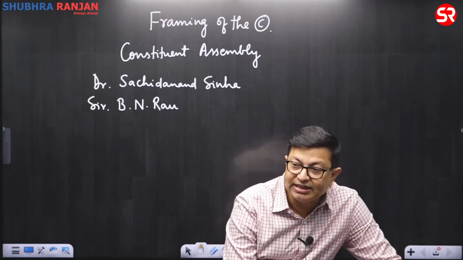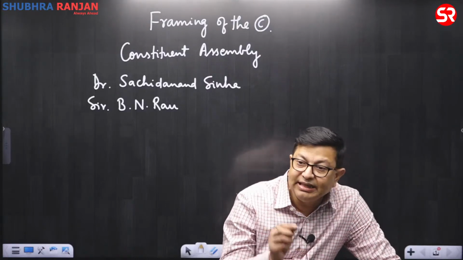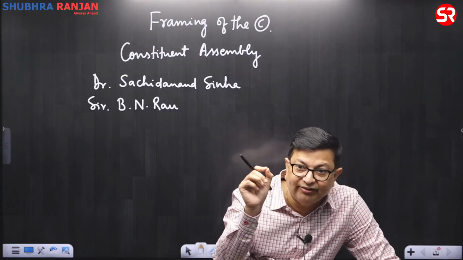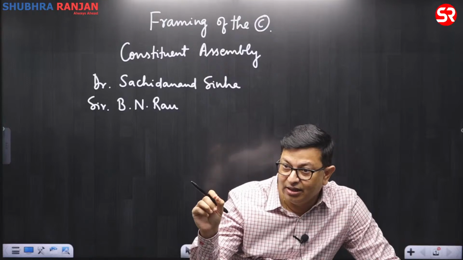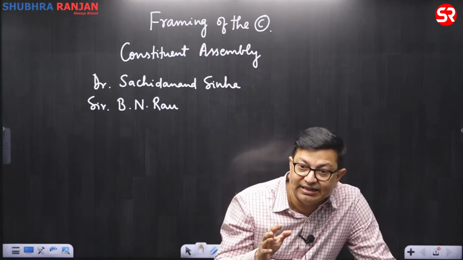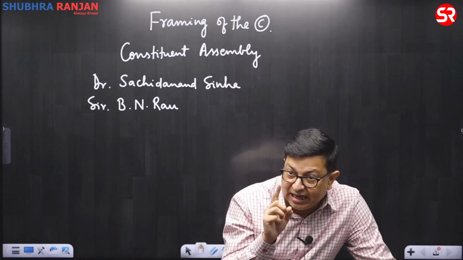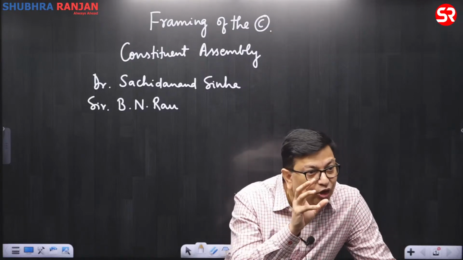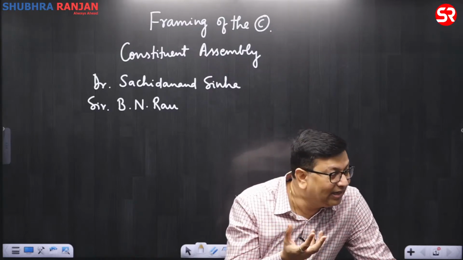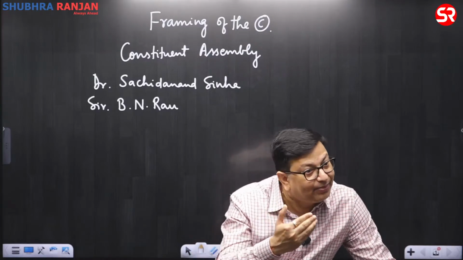Now, what was that objective resolution? As the name suggests, it stated the objective of this Constituent Assembly. This objective resolution basically gave the guidelines, that is, what type of constitution we are going to have, and at the end this objective resolution, with modifications, was made the preamble of the Constitution. It took the shape of the preamble.